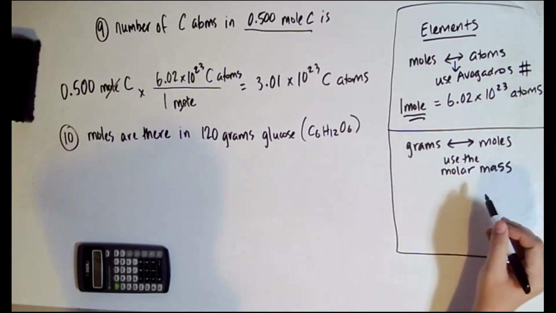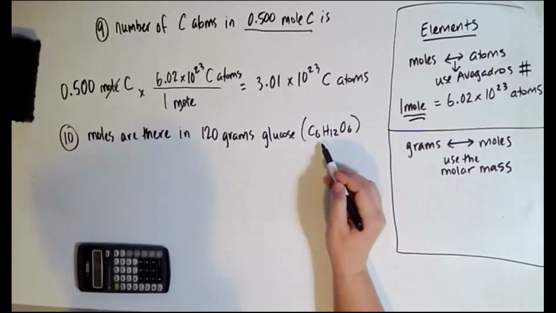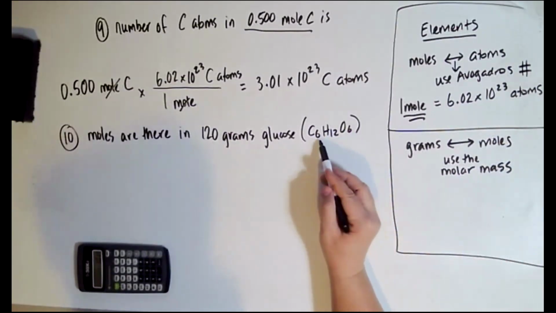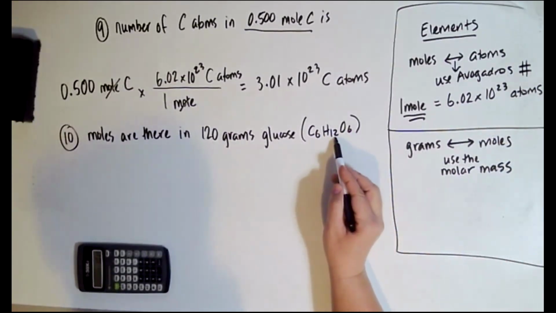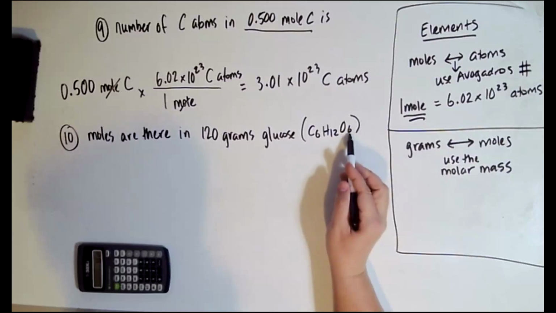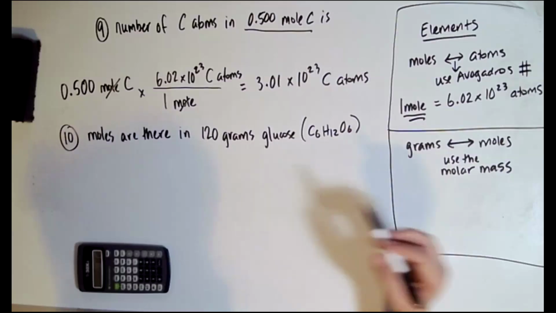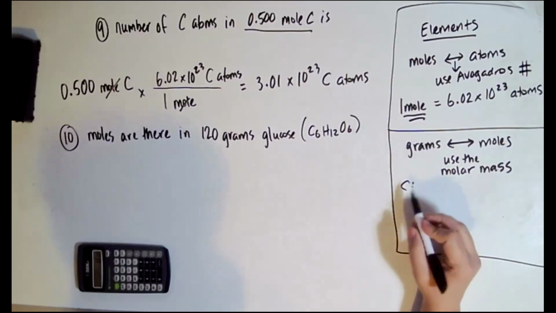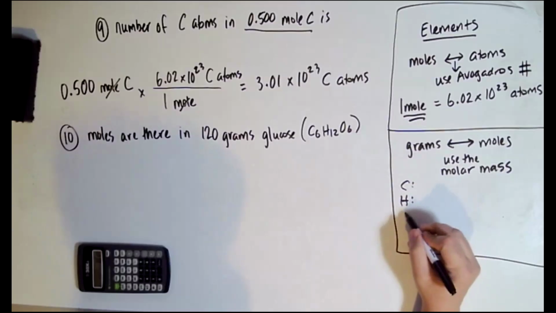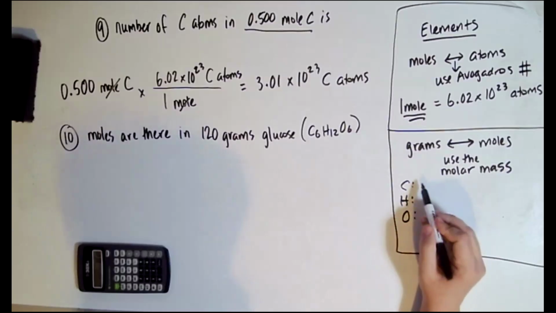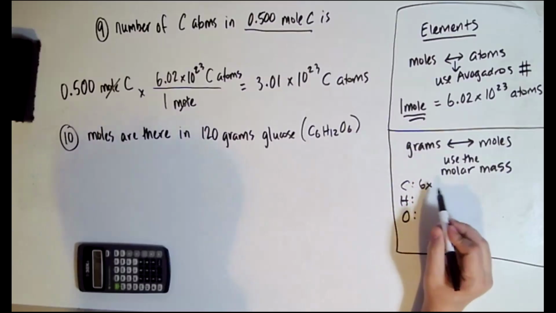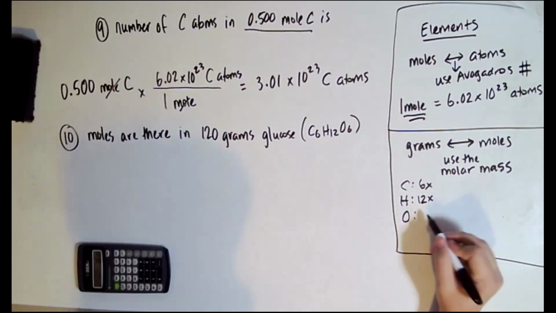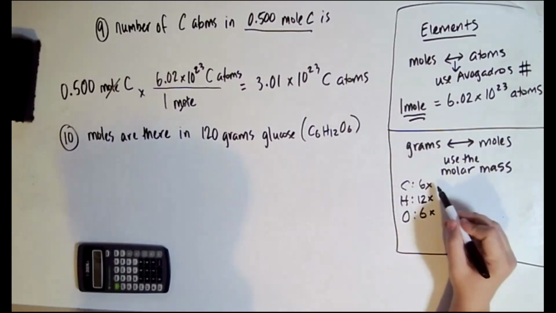So to find the molar mass, we have to look at our chemical formula. We have 6 carbon atoms, 12 hydrogen atoms, 6 oxygen atoms, right? And so we're going to keep count of what we have here: 6 carbon, 12 hydrogen, 6 oxygen.